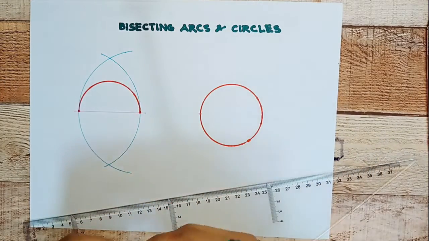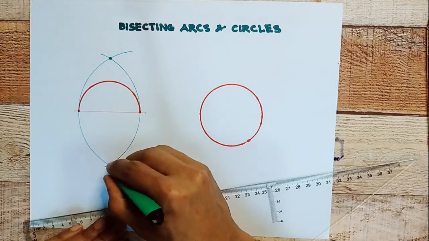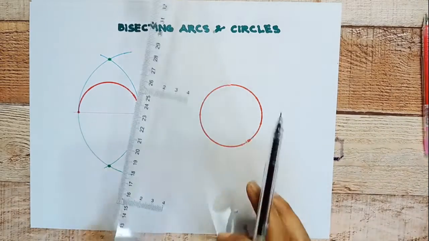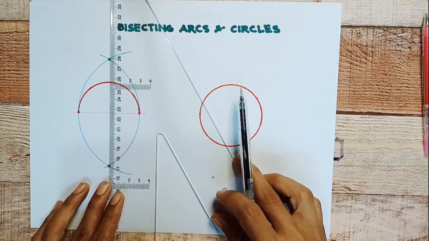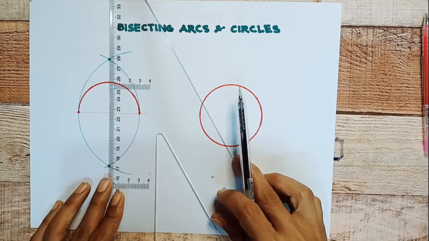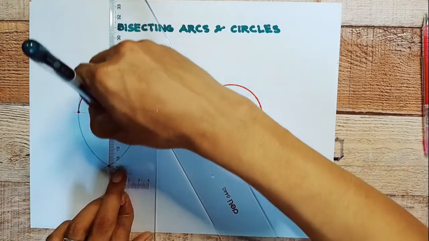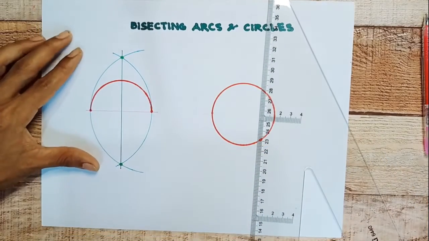There, that's 1 and that's 2. Now we can bisect our arc by drawing the line there. So that's how we do bisecting an arc.